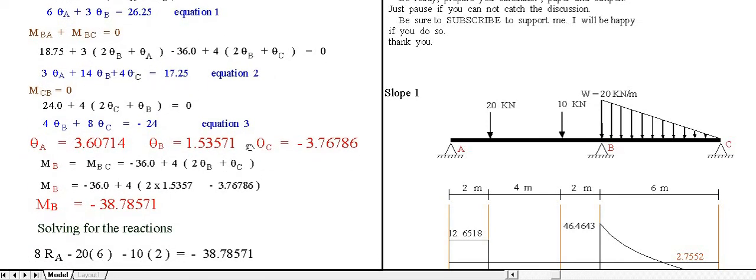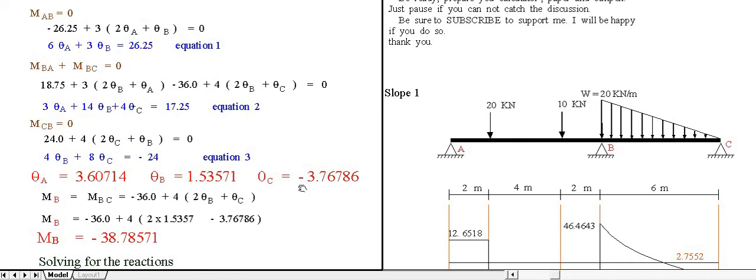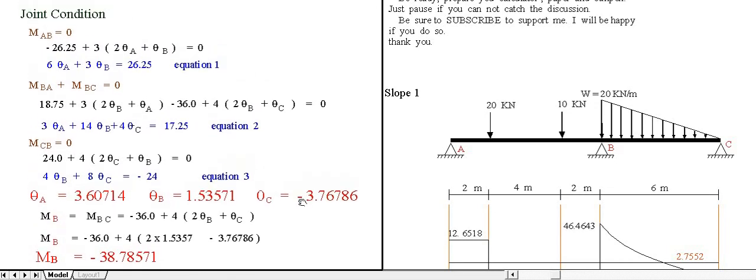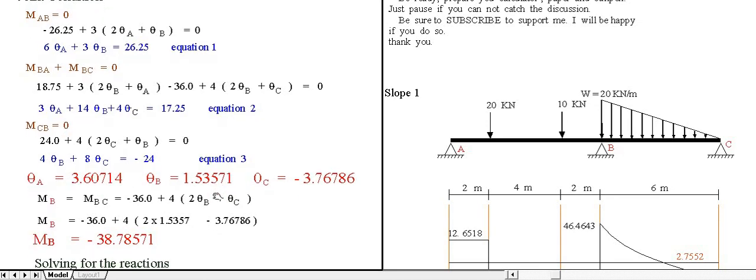Okay, use the calculator. Then moment at A is 0. If you substitute these values of theta, we can find theta A as 0. Okay.